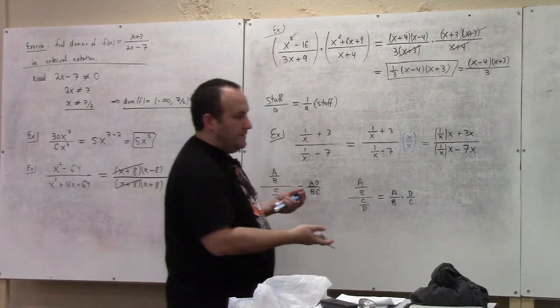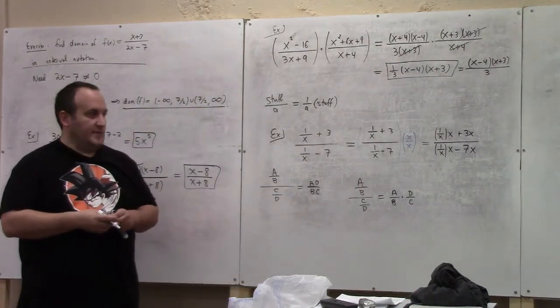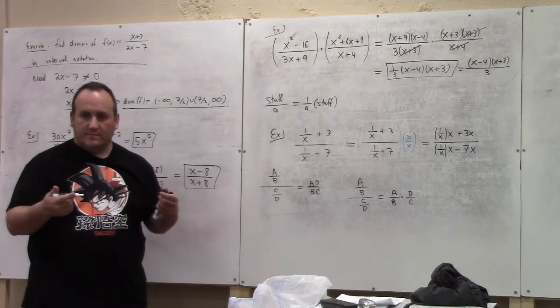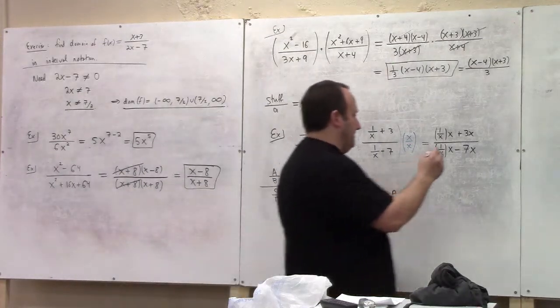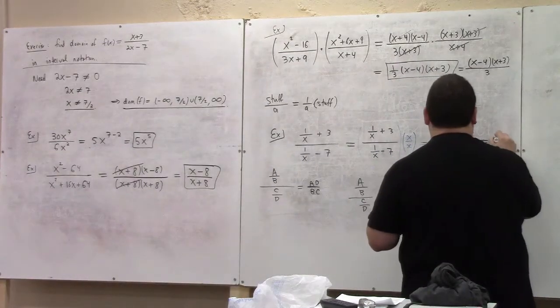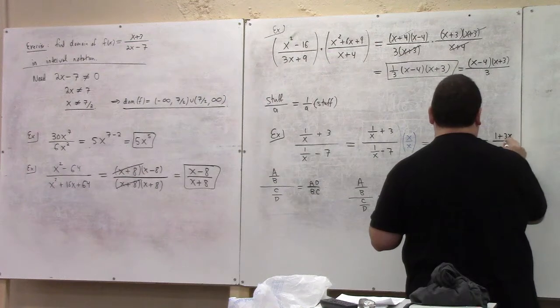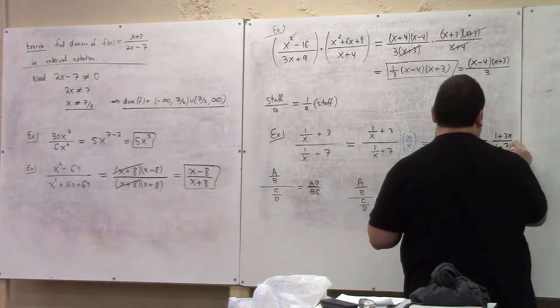Like that. And then, of course, x over x is 1, and what do I have? I've got 1 plus 3x over 1 minus 7x.